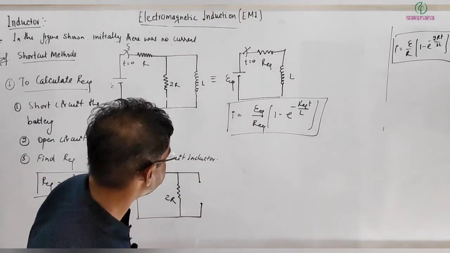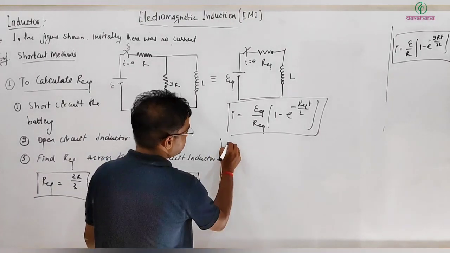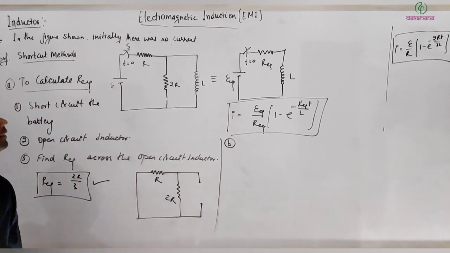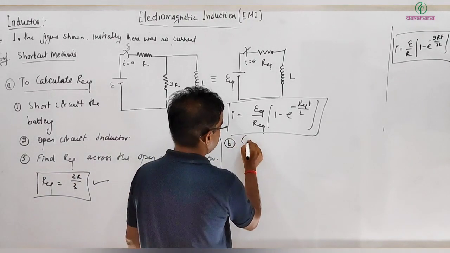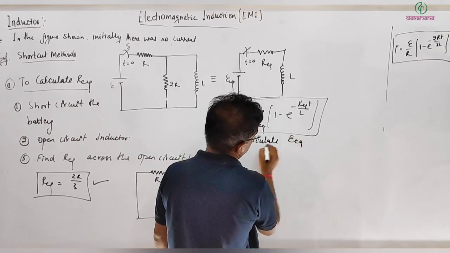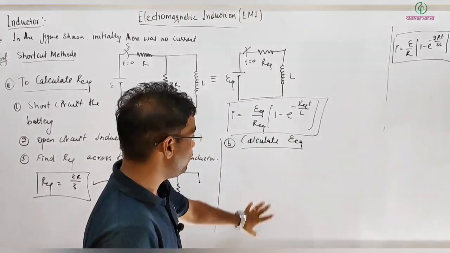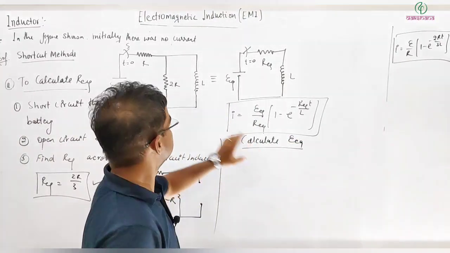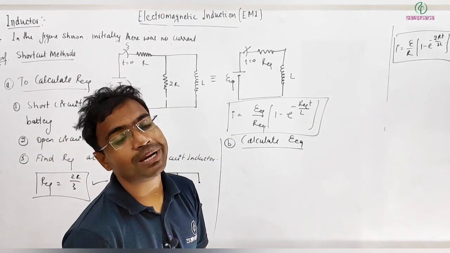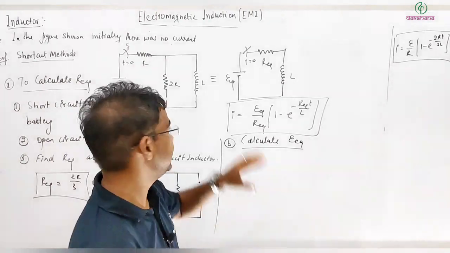Next step, let me write, this is step A and this is step B. Calculate E equivalent. For this, what we need to do is just find the potential difference across the open circuit inductor.